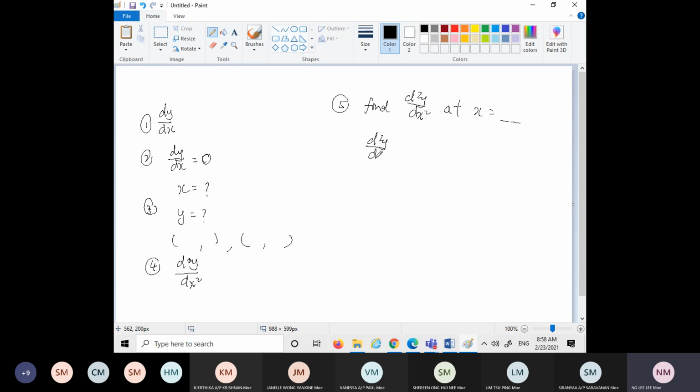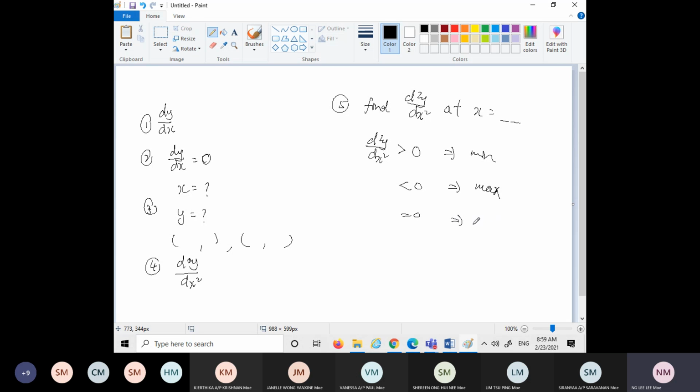If your second derivative is positive, you can conclude that the point is a minimum. If it is negative, this is a maximum point. If it is equal to 0, then you have to go to the table method.